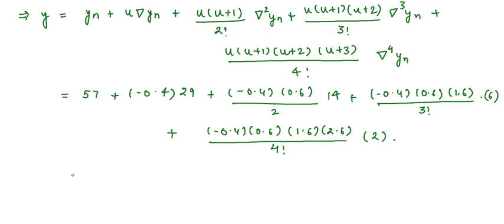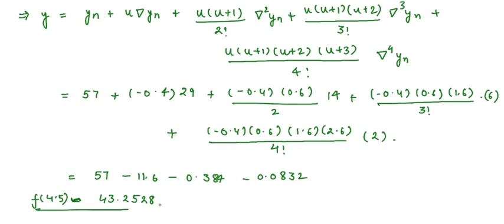Now evaluating all the values, we get y as 57 minus 11.6 minus 1.68 minus 0.384 minus 0.0832. And therefore the function value at 4.6 becomes 43.2528.